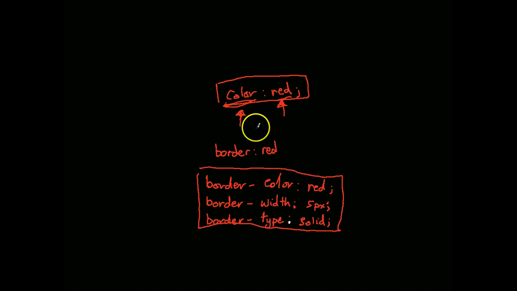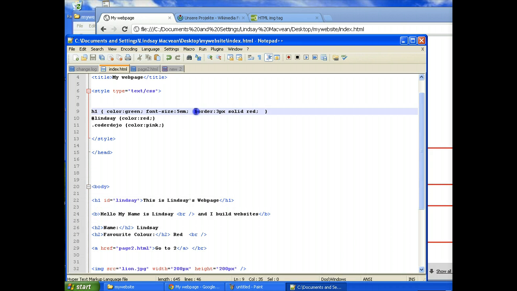So it's red, it's 5 pixels, and it's solid as well. You can say dashed or whatever. And then we finish that, and that's all of them combined in one go. And that's much easier and simpler. So that's what we did there. And now we'll go back and have a look.